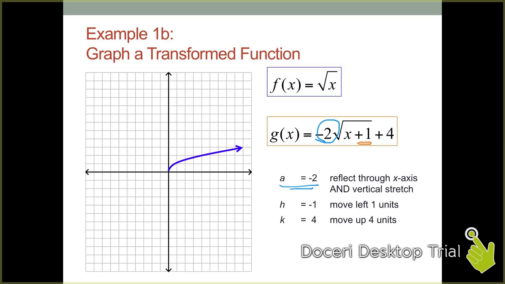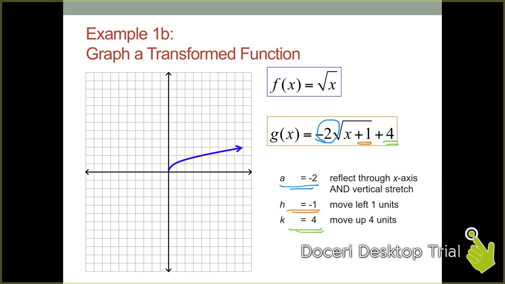Since it's +1 on the inside of the square root function, that means I actually had a -1 for h, because the only way I get +1 is if I subtract a negative. And a -1 for h. I also have a +4 for my k value, and that tells me I'm going to move up 4 units.